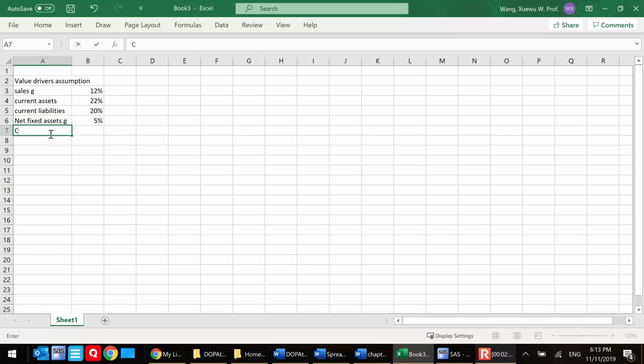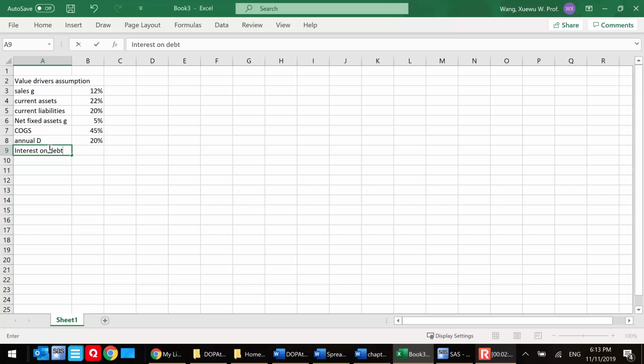All right, and then you have cost of goods sold, and this is a percentage of sales, and this is actually 45%. All right, and then you have the depreciation, which is annual depreciation, and the depreciation rate is actually 20%. Okay, it's 20% of the average fixed assets at cost.